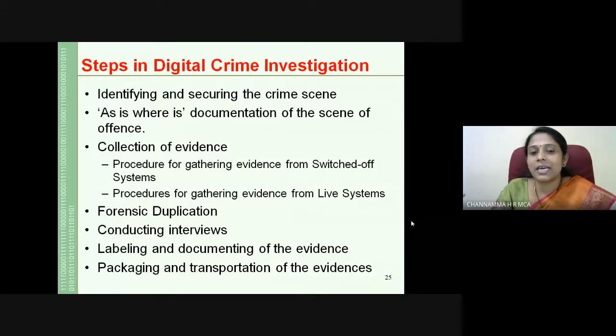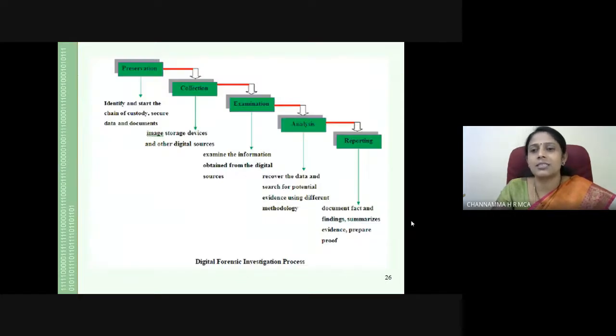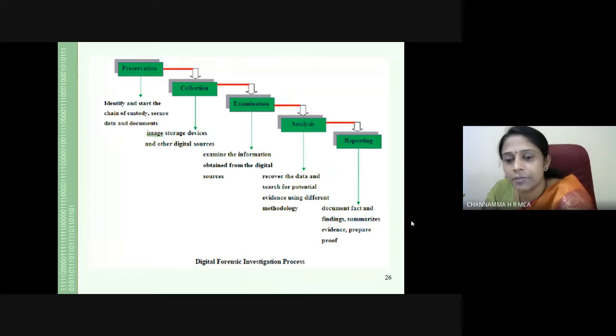So packaging and transportation of the evidences, all these must be taken care of while investigating any digital crime. So these are all the overall steps. Actually there are many other sub steps, but it is usually listed with 5 steps: preservation, collection, examination, analysis, and reporting.